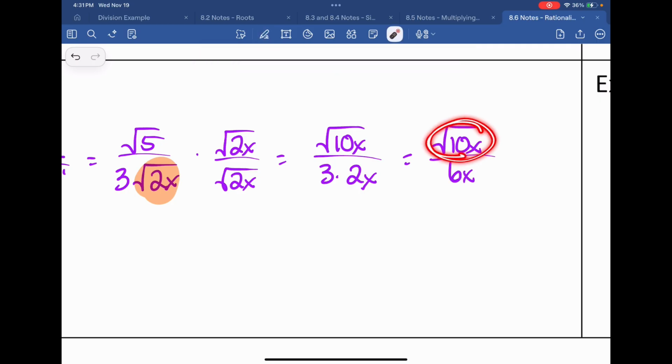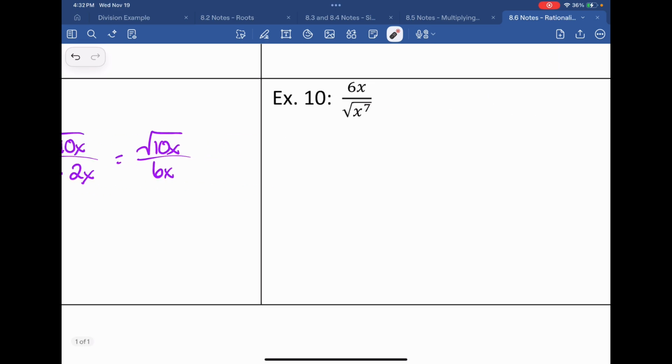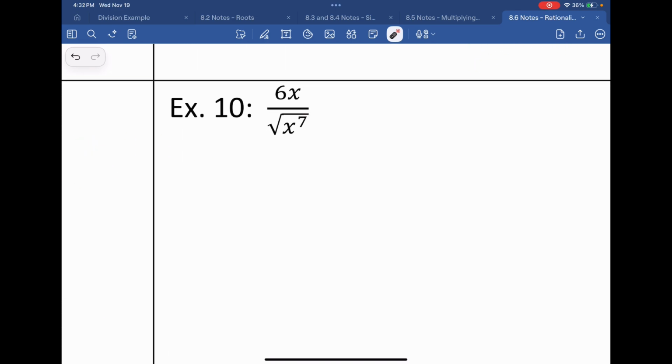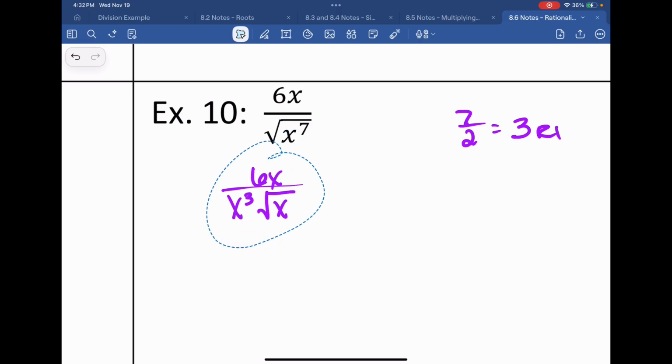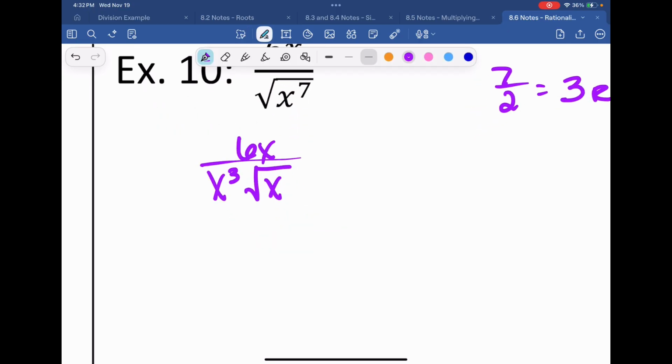Again, we need to be careful. If it's under the radical, it's not really a 10x. Okay, it's protected by the square root symbol, so I can't just reduce from there. And then definitely want to reduce on that one. Divide the exponent 7 by the index 2. So that's an x cubed, but you do have a remainder of 1. And that's exponent 1.